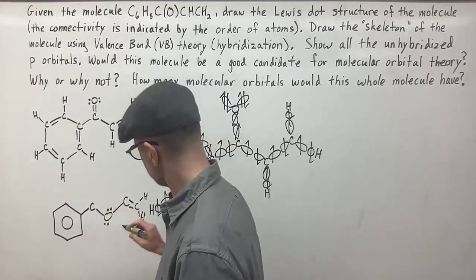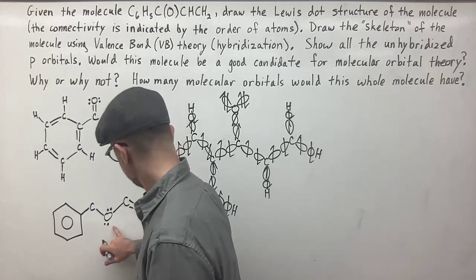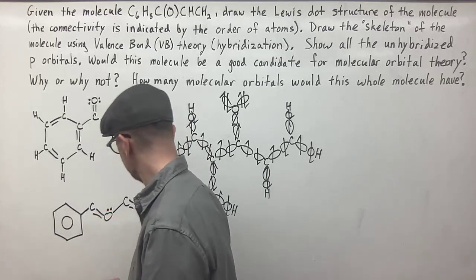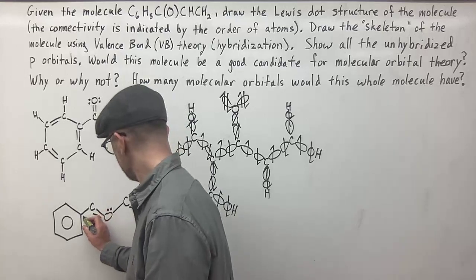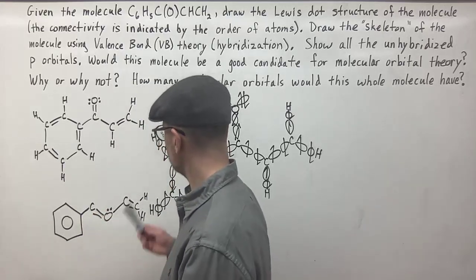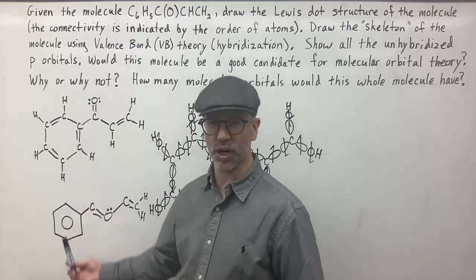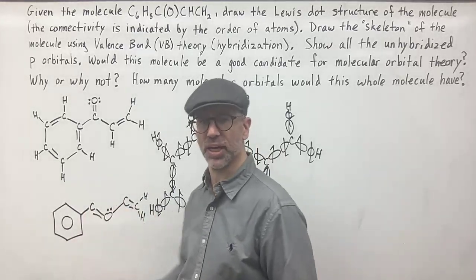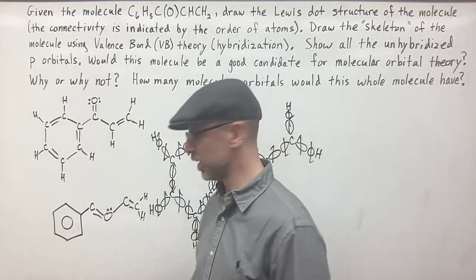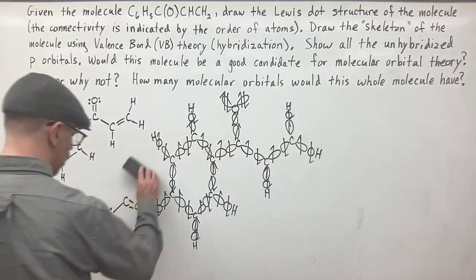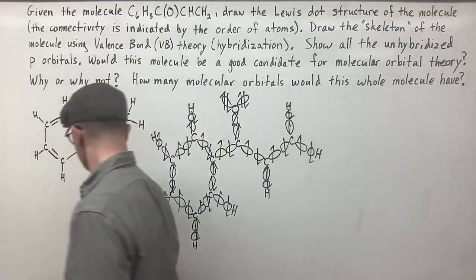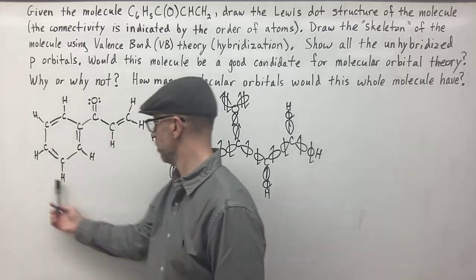And so maybe there's a double bond here, and then there would have to be a double bond here as well. So this one doesn't really work that well. So this couldn't be the structure. If you're thinking it's some kind of ether, then this would not be the right one. So this seems like the correct structure.